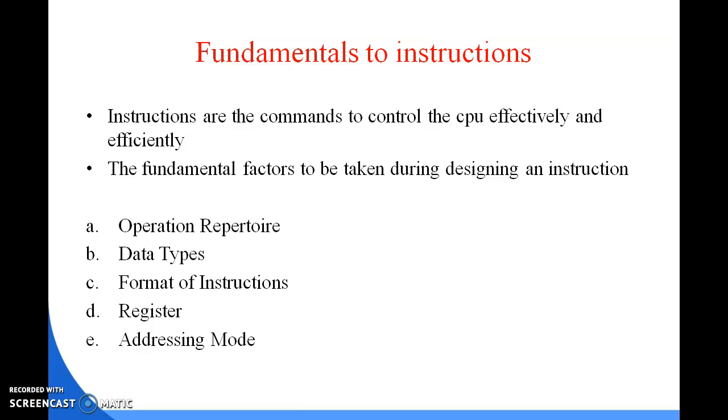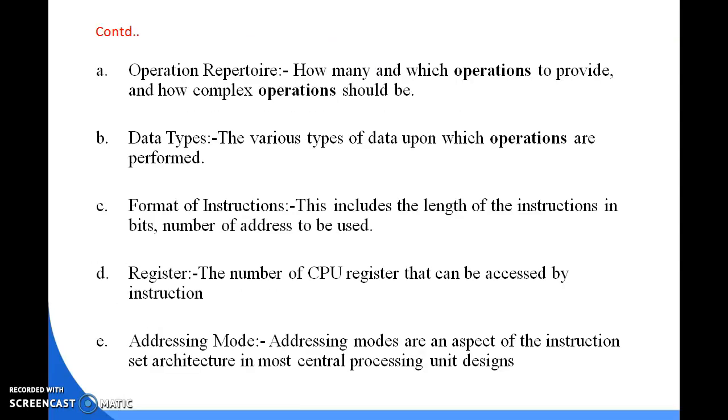Out of these factors, first we move to the operation repertory. It tends to how many and which operations to provide, and how complex the operations should be.